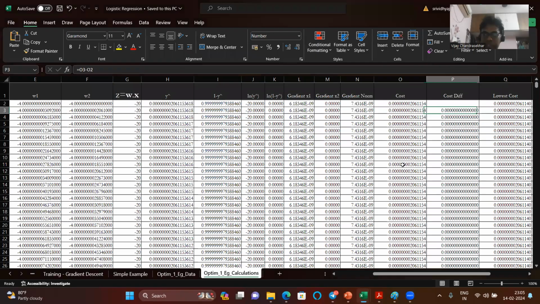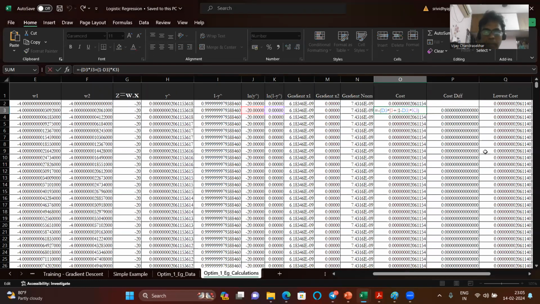Okay, so which is what I have done here. If you look at this expression, folks, there's a negative sign outside, and then I'm calculating y times ln y hat plus (1 minus y) times ln(1 minus y hat).